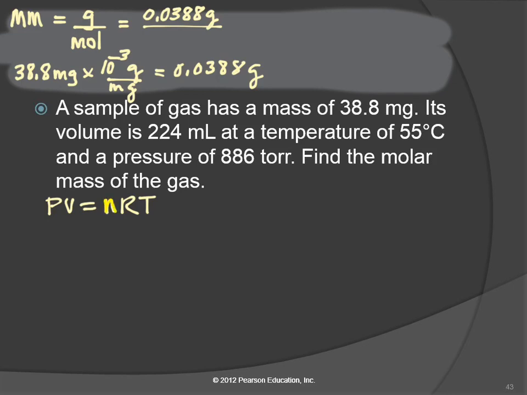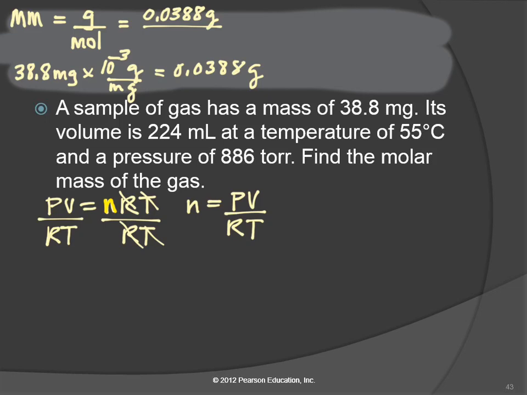We can use the ideal gas law to find the number of moles of the gas. So I'm going to rearrange this. I'm going to divide by R and T this time. So those guys cancel out. And then that's the same over here. So I've got n is equal to PV over RT.